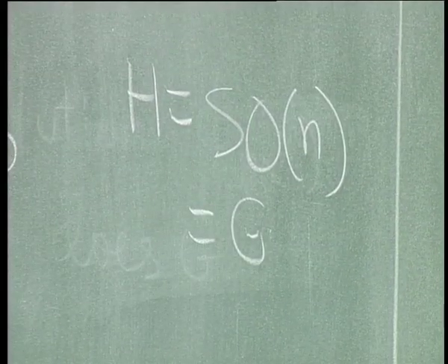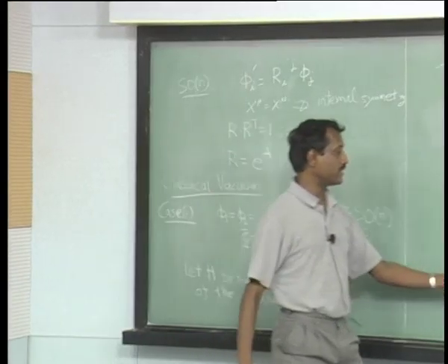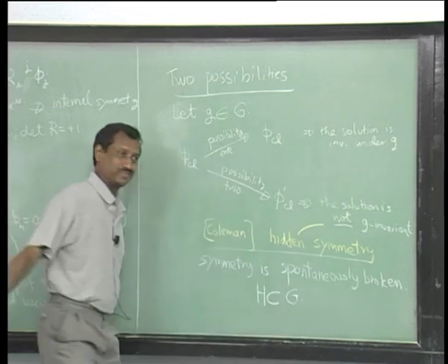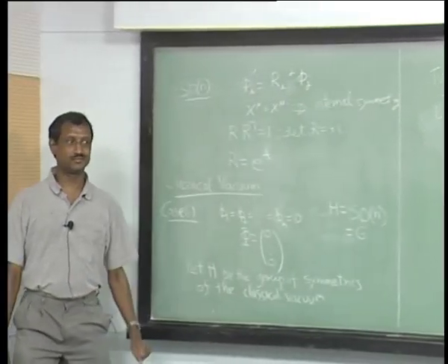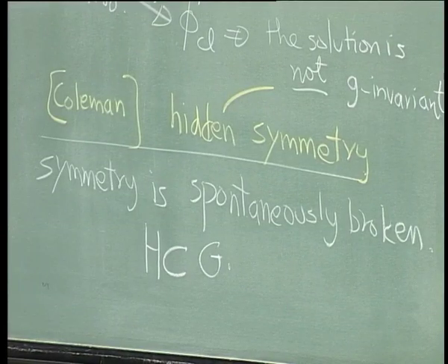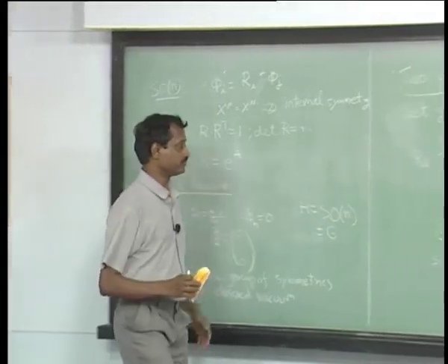Okay. So, the idea of spontaneous symmetry breaking is to say that H is a subgroup of G, a strict subgroup. Okay. So, this is case 1.